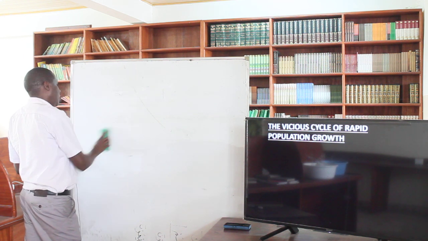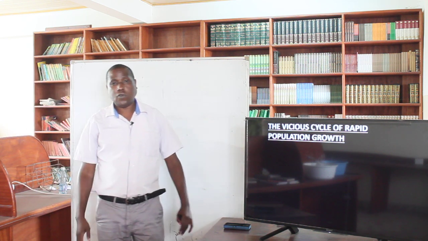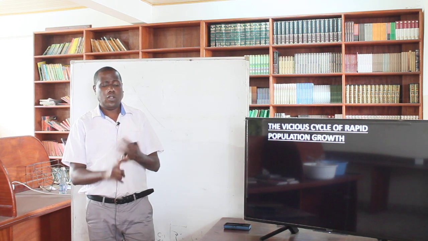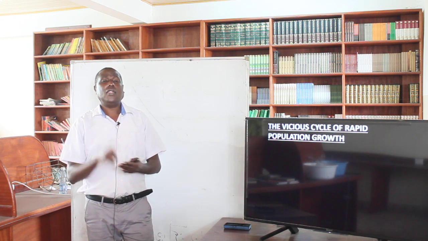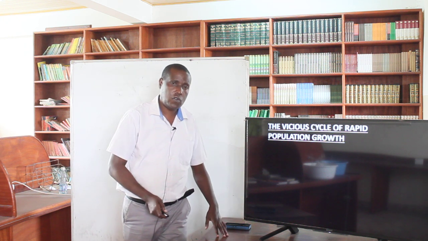There will be a problem of environment, there will be a problem of housing, and so on. So these are problems already. The government is not able to cope. There will be low savings, there will be low investments, poverty sets in, there is insufficient housing, and so forth.